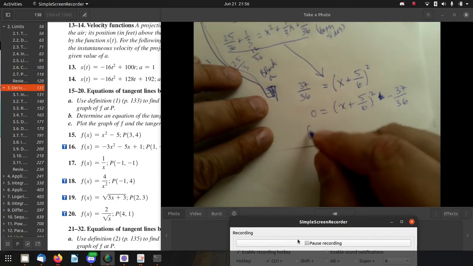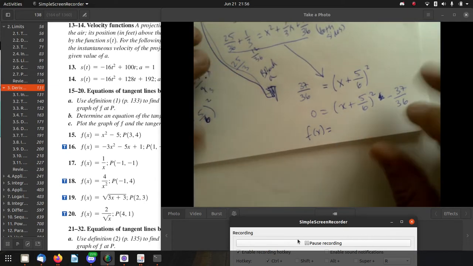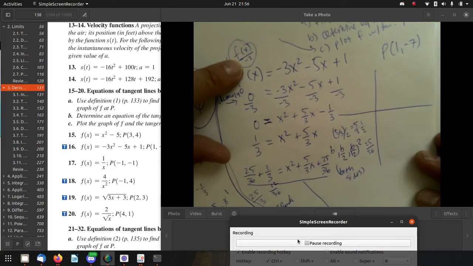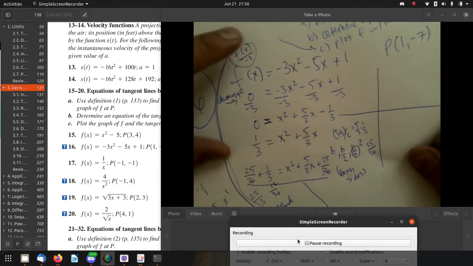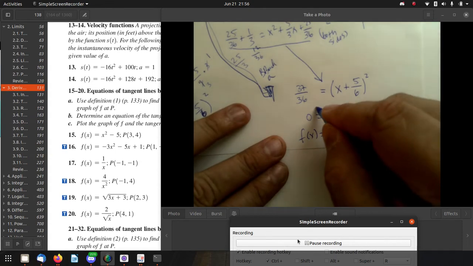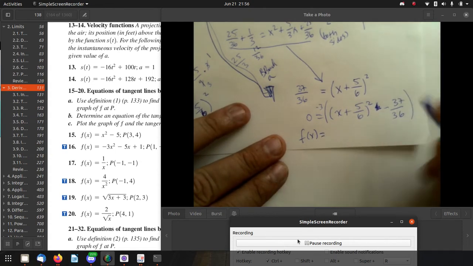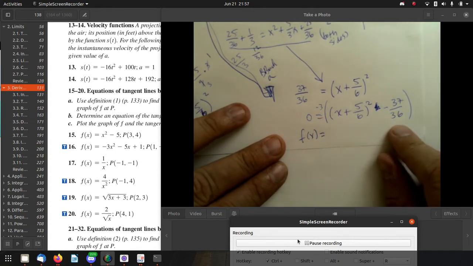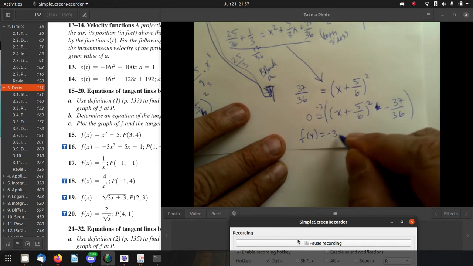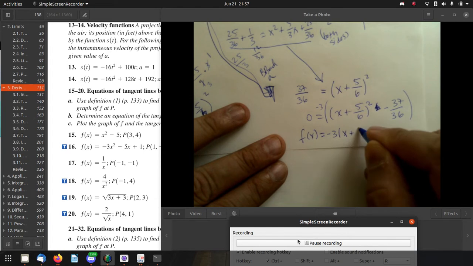And now we can replace the dummy variable with an f of x, so long as we remember to multiply back in our negative 3 to get it out of root form and put it back into the actual form that it is. So if we multiply everything here by that same negative 3 that we took out to begin with, we're now going to get negative 3 times the quantity of x and 5/6 squared.